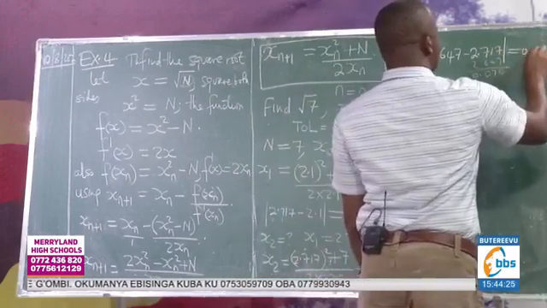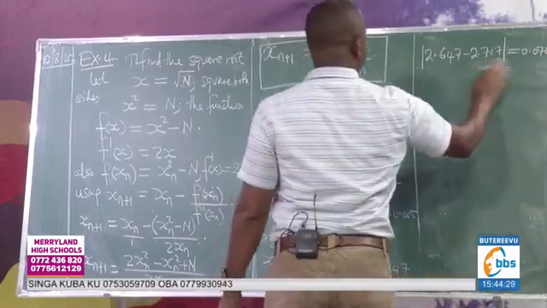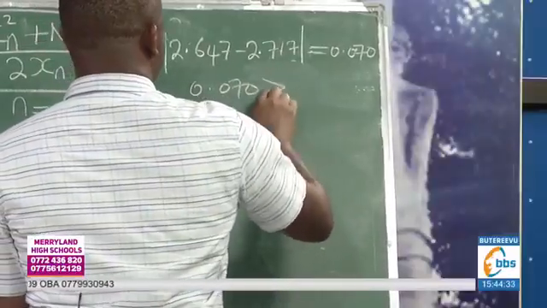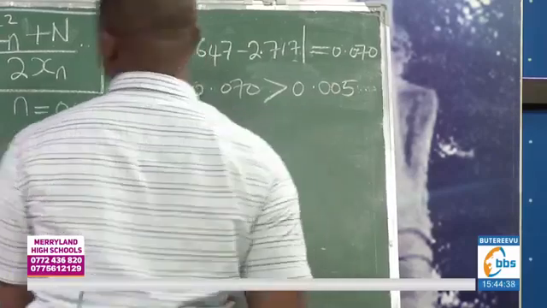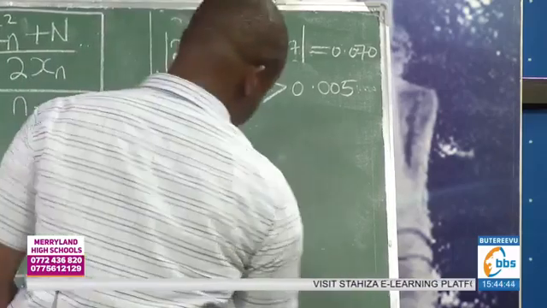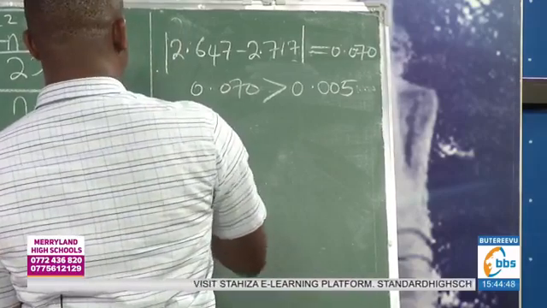So you have 0.070, and 0.070 is still greater than our error. So we take on the next iteration, and once the value becomes constant, we are looking for x3.